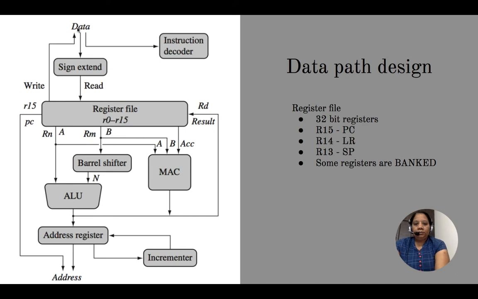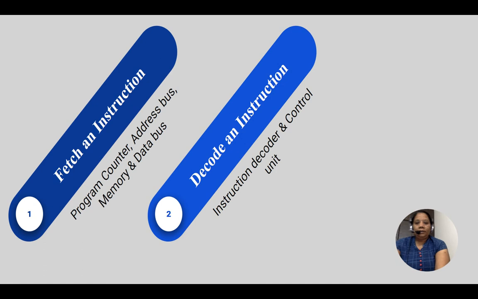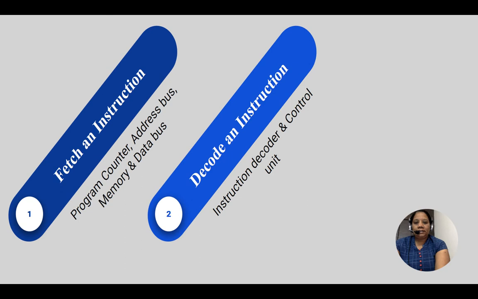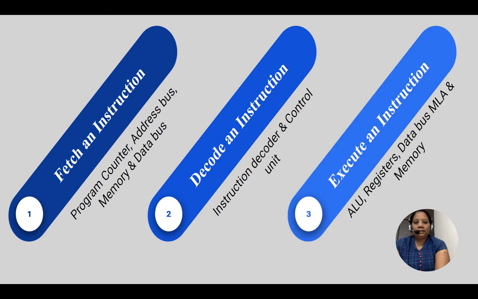Now whenever an instruction is executed, as we all know, it has to undergo three phases. The first phase is known as fetch, the second is decode, and the third is the execute phase. During the fetch phase, the components in the ARM architecture that would be used are given here.